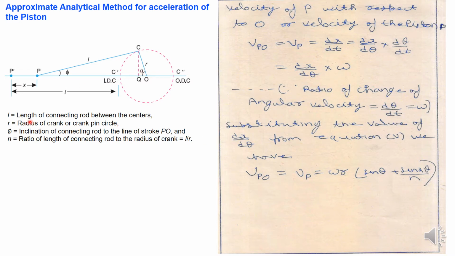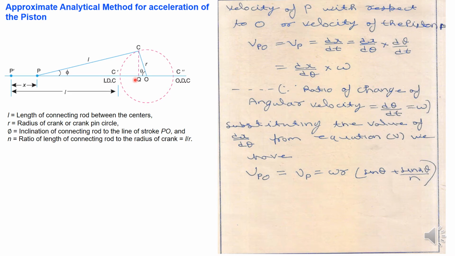L is the length of the connecting rod between the centers. R is the radius of the crank or crank pin circle. Phi is the inclination of the connecting rod to the line of stroke PO. And n is the ratio of the length of the connecting rod to the radius of the crank, which is equal to L by R.